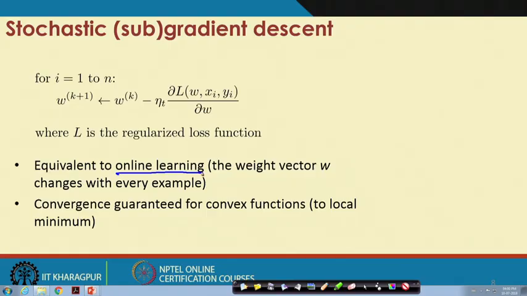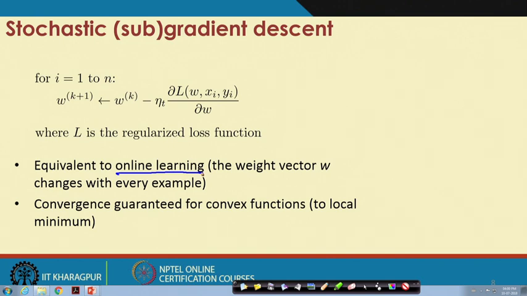This is the main idea behind online learning: instead of looking at a batch of examples, you look at one example at a time. Stochastic gradient descent allows you, in some sense, to perform this online learning also. So, this is in some sense an online learning algorithm.